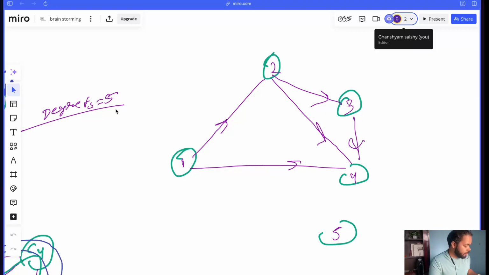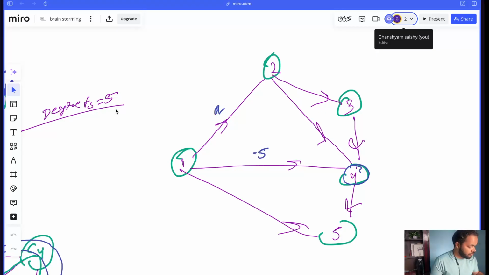Then you might reach 5 also. There are multiple paths to reach city 4, but the weightage of one is 1, another is 0.5, this is 2, this is 2. So which path will you take? It looks like we will take the straightforward 1 to 4, right? It looks like that, but we don't. Why? Because the weightage is very low.